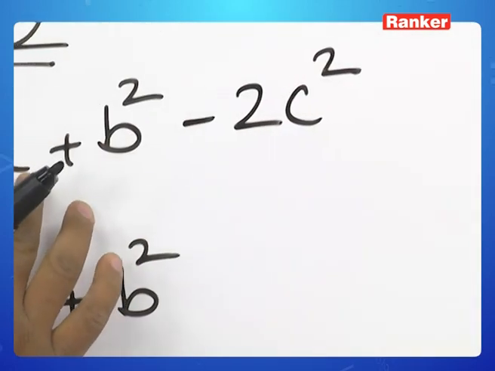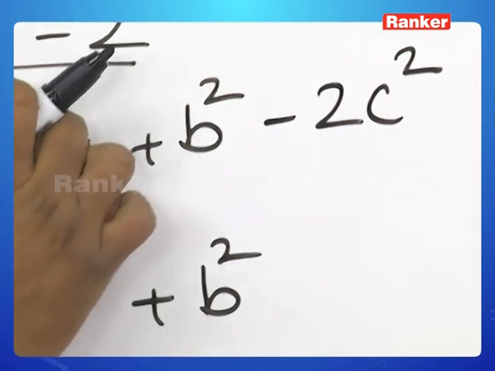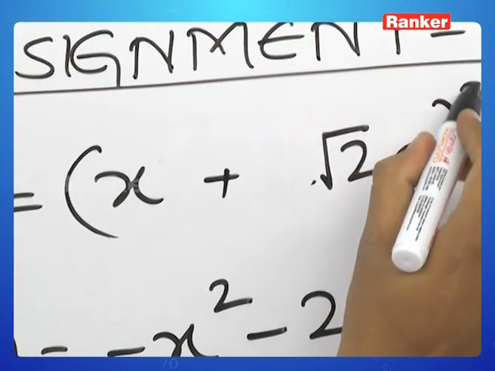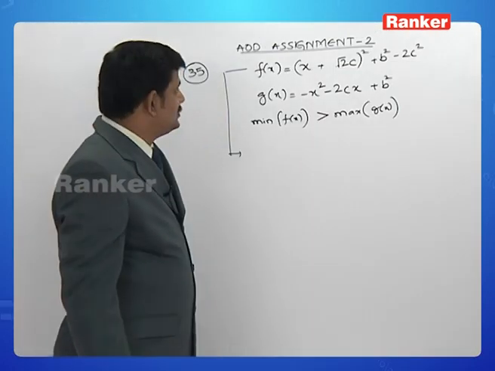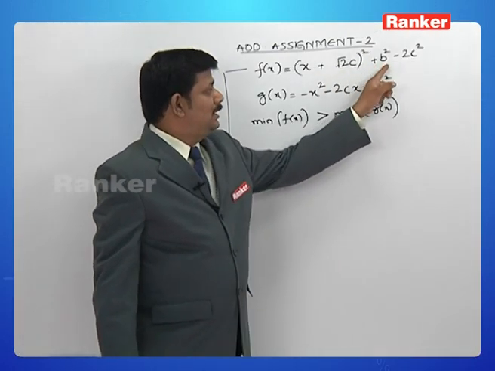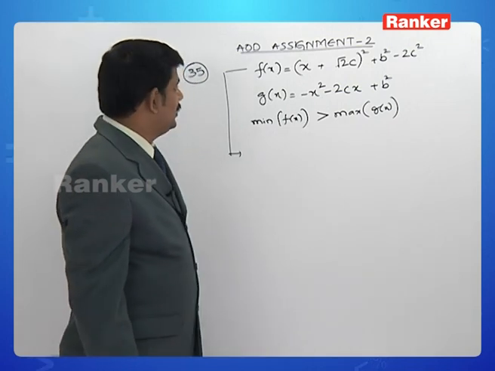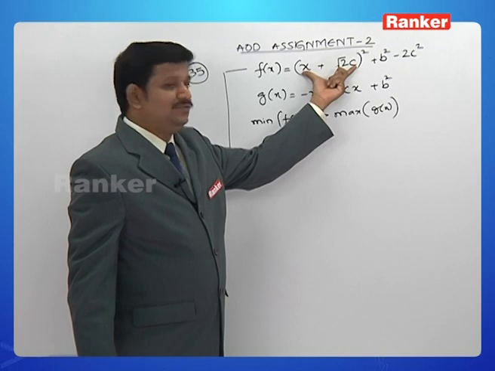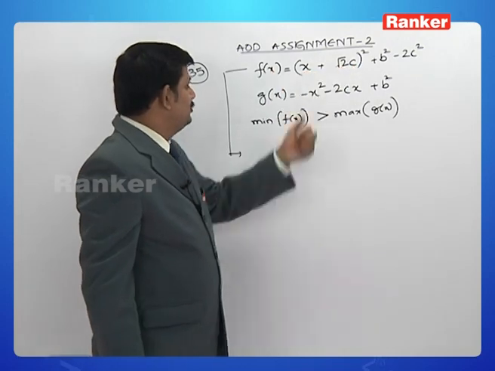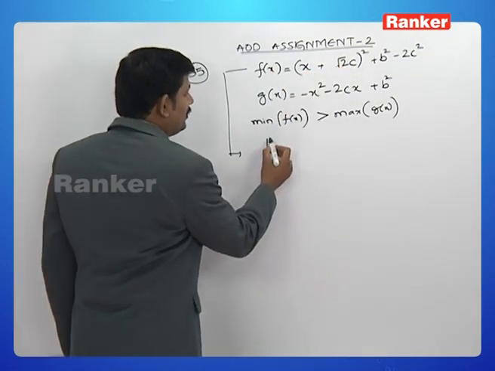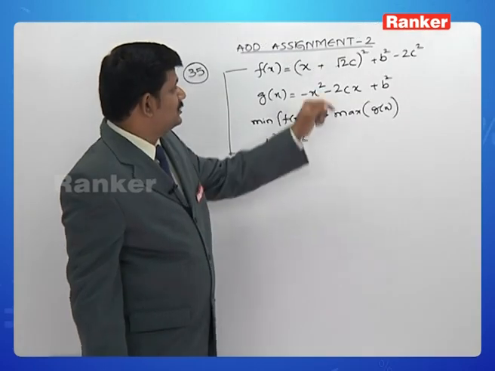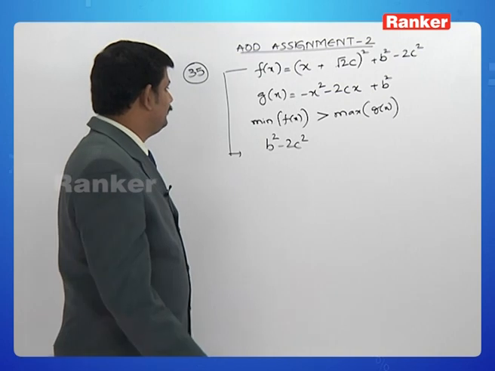So, 2 c square here makes it x plus root 2 c whole square. f of x can be written as x plus root 2 c whole square plus b square minus 2 c square. Now, a perfect square, least value of this would be 0. So, minimum value of f of x is b square minus 2 c square. That is when x is equal to minus root 2 c.